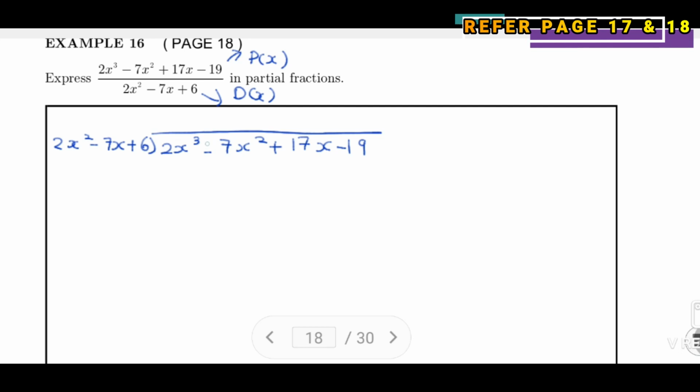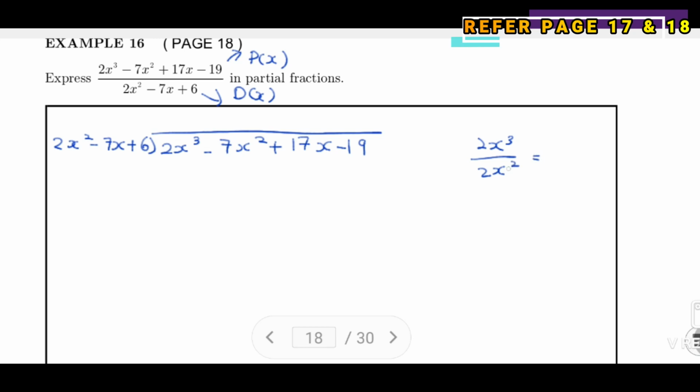To get 2x cubed, divided by 2x squared, we get x. So put x on top of the long division.